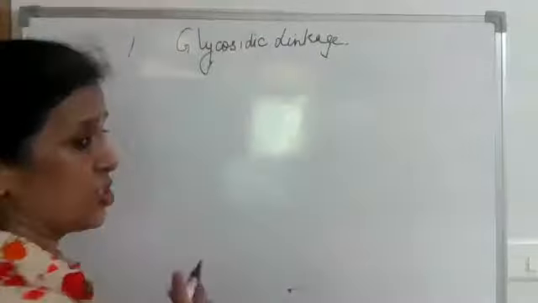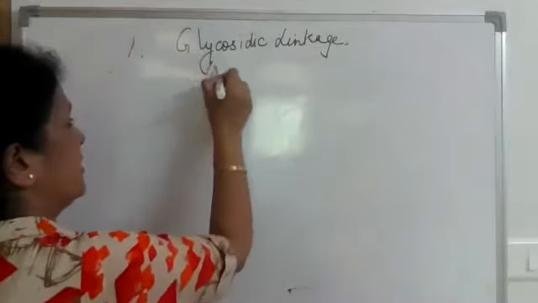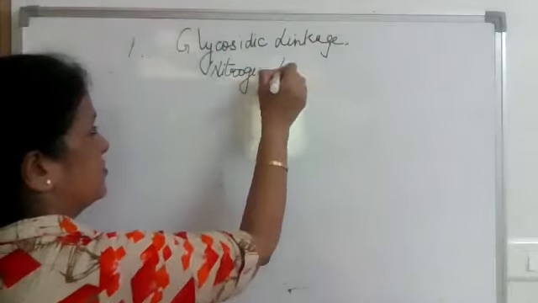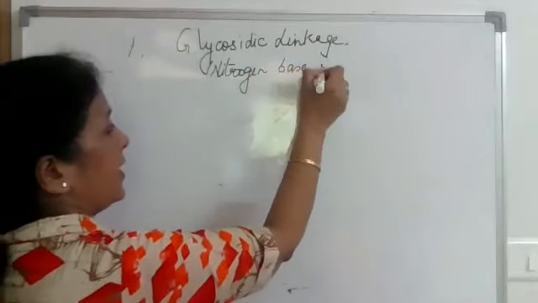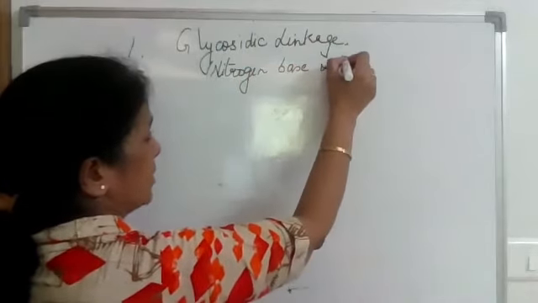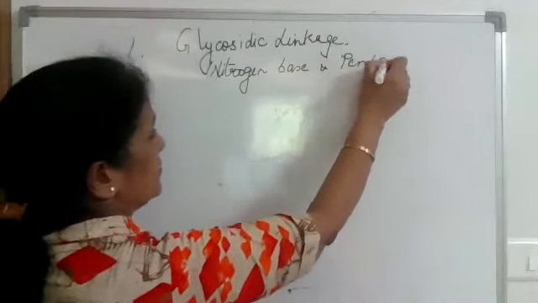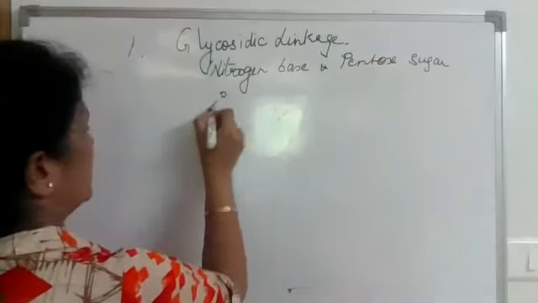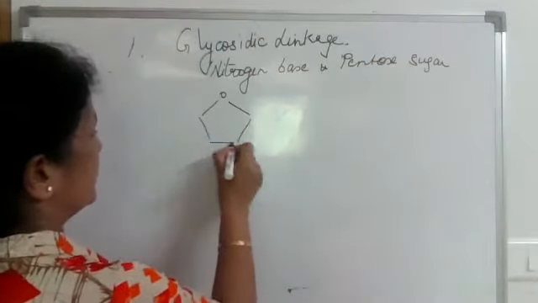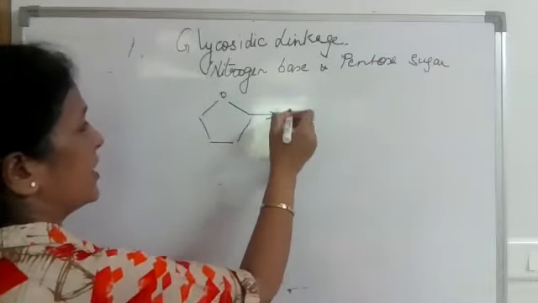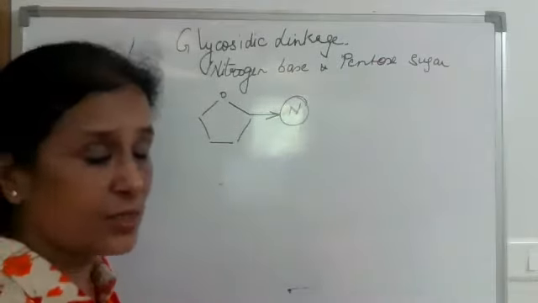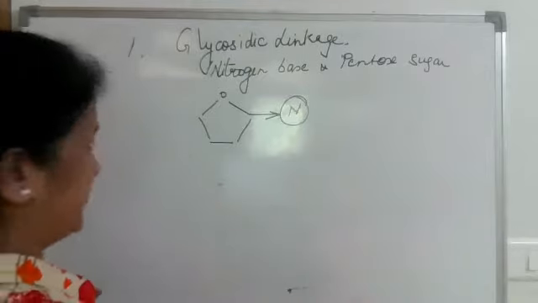This is the linkage between the nitrogenous base and the sugar, the pentose sugar. So if this is the pentose sugar, the nitrogenous base is attached to it. This may be A, T, U, C, or G.